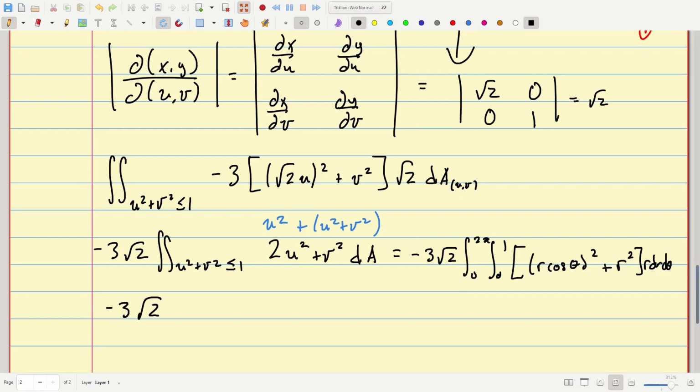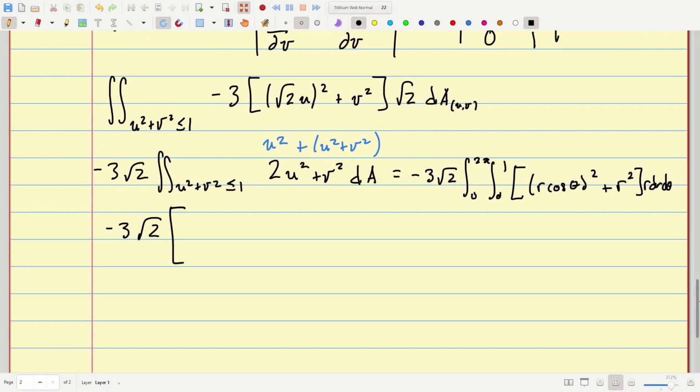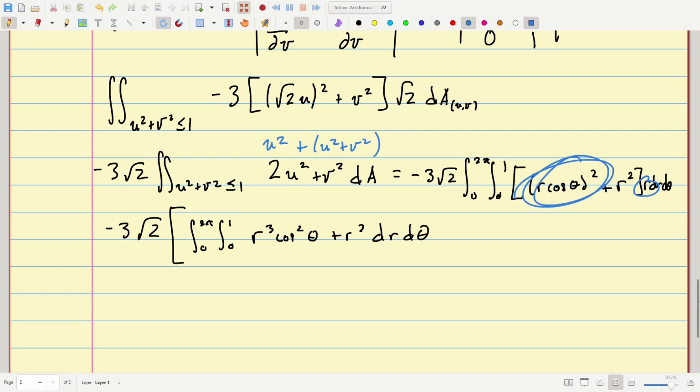Negative 3 radical 2. Want to write this out so that we don't make any silly mistakes. We're going to have r cubed cosine squared theta plus r cubed dr d theta. We get an r squared here times this r that we have to distribute to both of those terms.